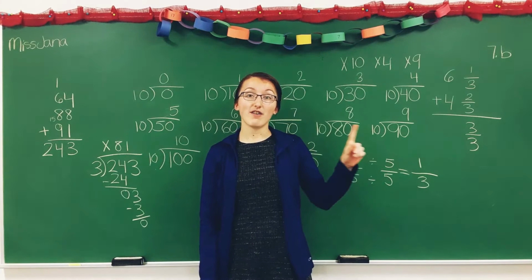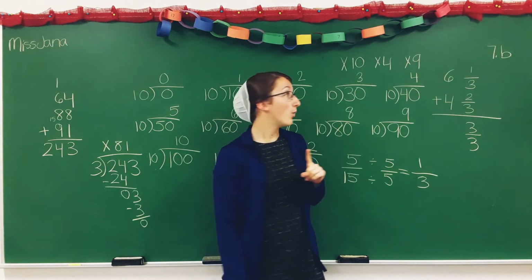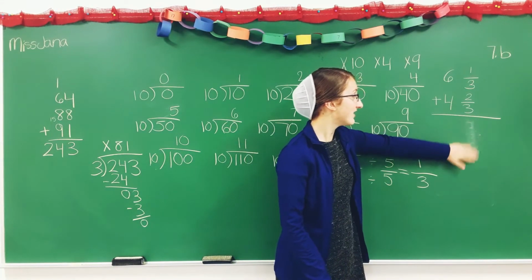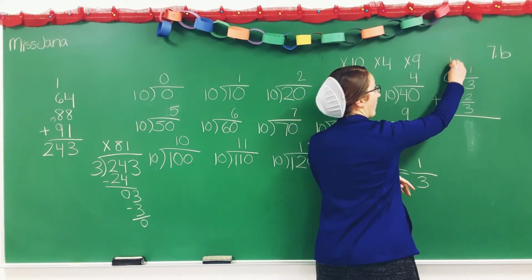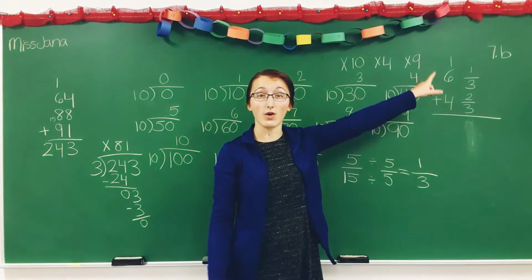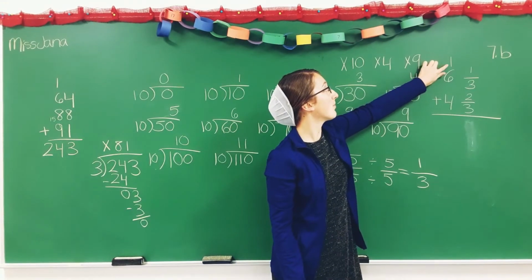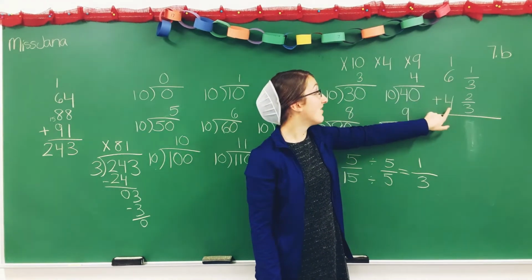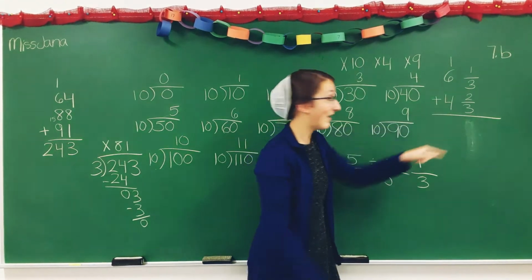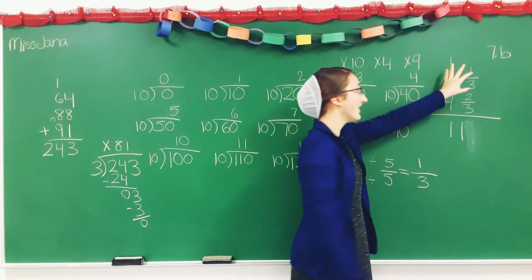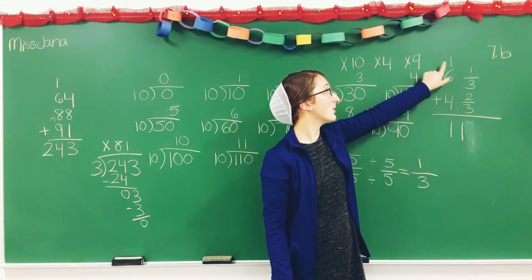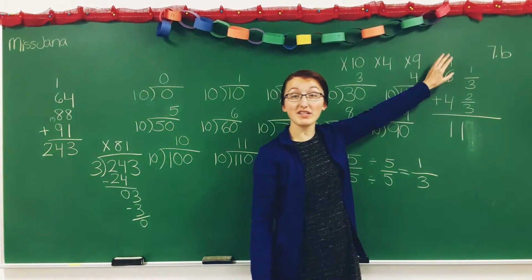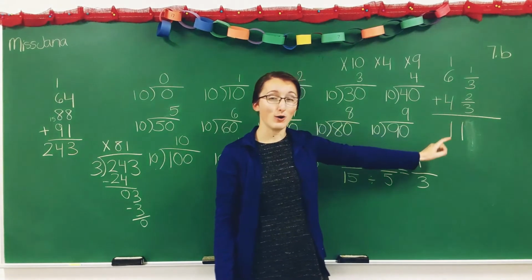So 3/3, if it's 1 whole, we can just erase the fraction since it equals 1. So we'll just erase the fraction and add 1 up here because it equals 1 whole. And then we can do 1 plus 6 is 7. 7 plus 4 is 11. So the whole answer is 11 because 3/3 equals 1 whole. So we just add it to the whole numbers and then add up the whole numbers all together.